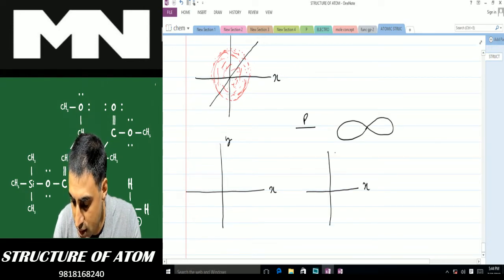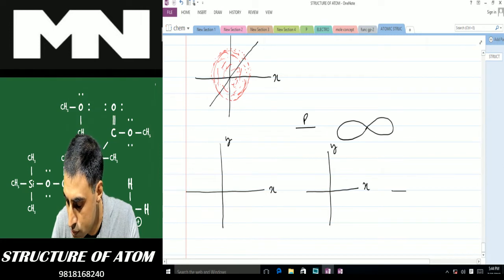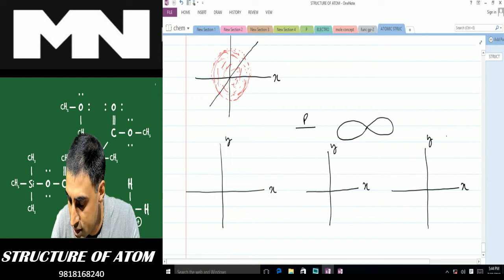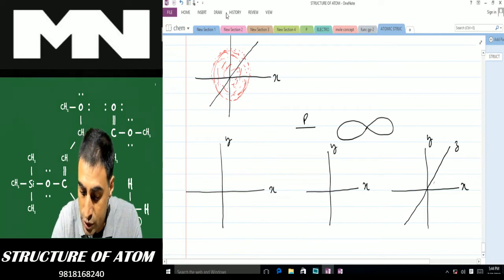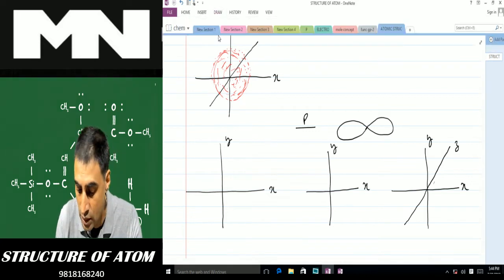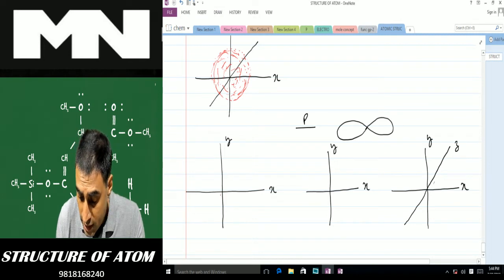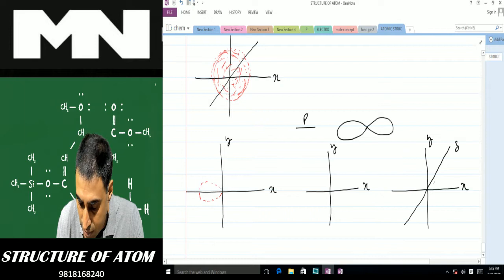Again X and Y axis, and along with that I have got a Z axis also. This time I am drawing Z axis because I will show that to you also. Now they are dumbbells, and if the dumbbell shaped electronic cloud is on X axis, it can be on X axis like this.